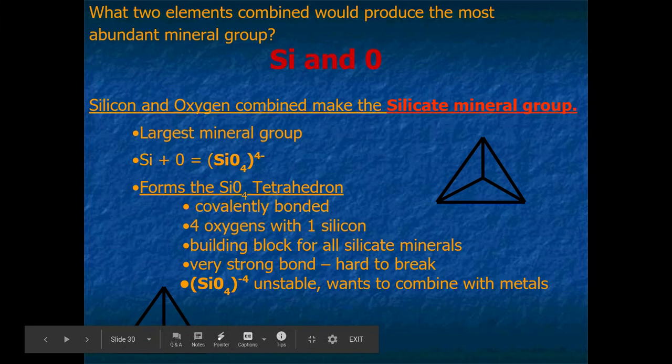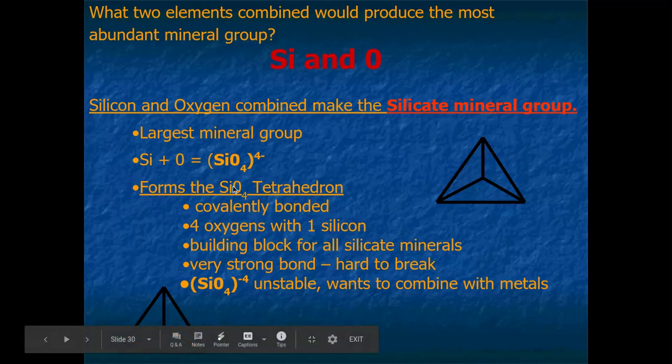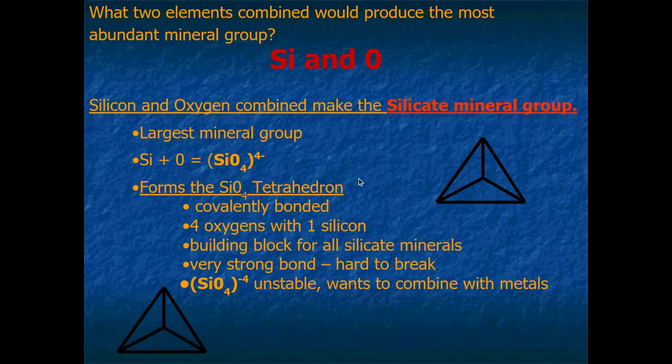So if a calcium or a sodium or any kind of the common metals, cations that we looked at earlier come along, the silicate tetrahedron, the SiO4, will attach itself to that and produce a mineral within the silicate mineral group.